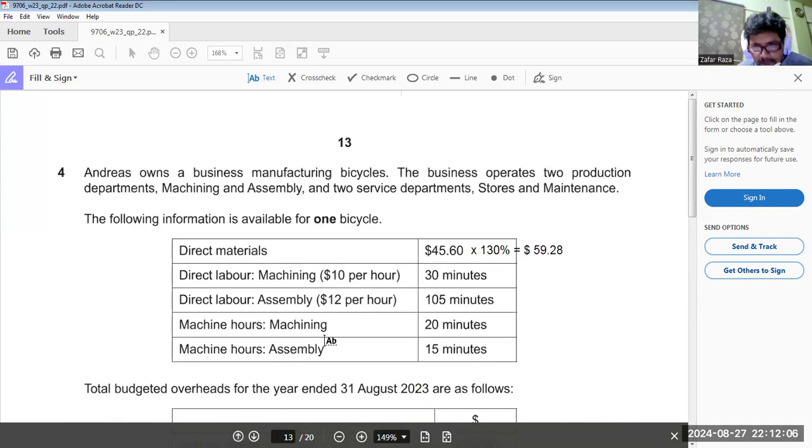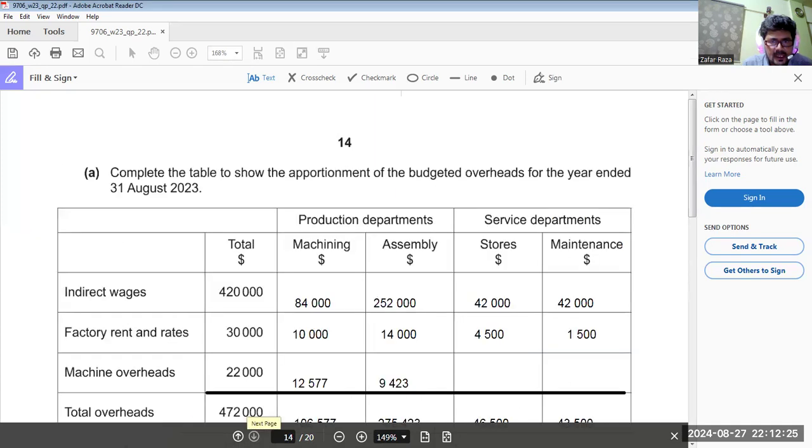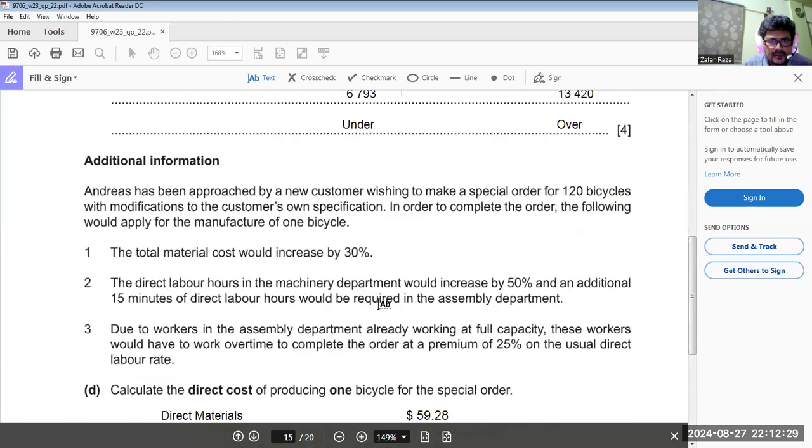Direct labor. Direct labor is $10 per hour normally, and it takes 30 minutes of direct labor in the machining department. So we have to observe the changes. The direct labor hours in the machining department will increase by 50%, and an additional 15 minutes of direct labor would be required in the assembly department.